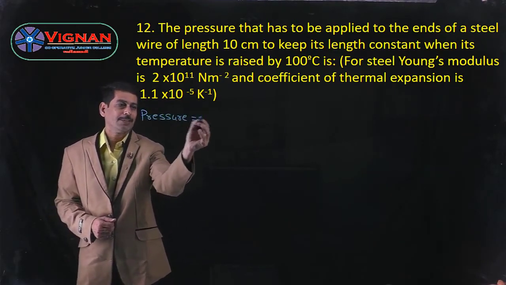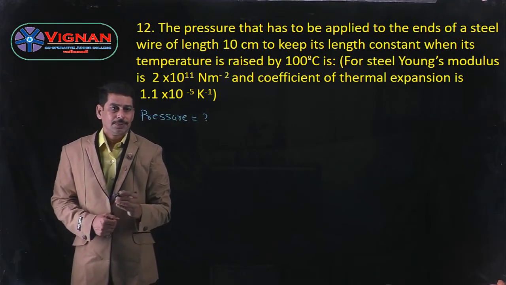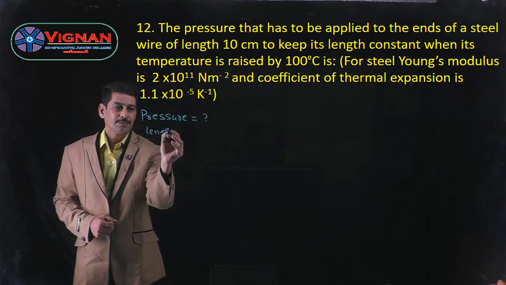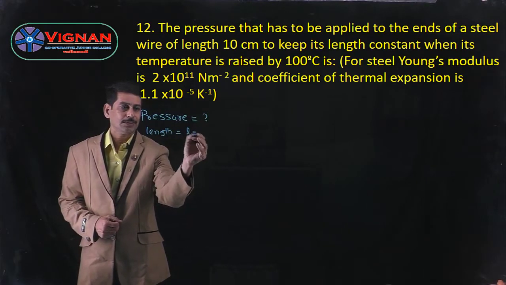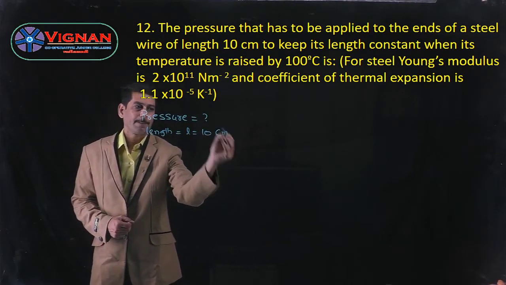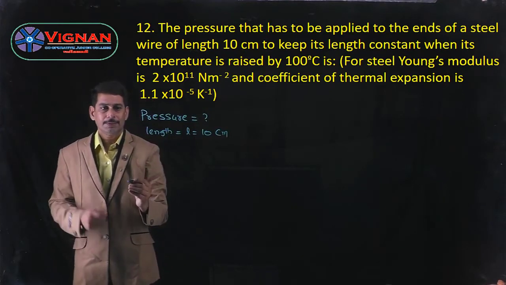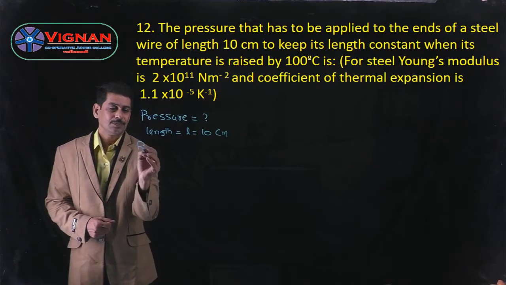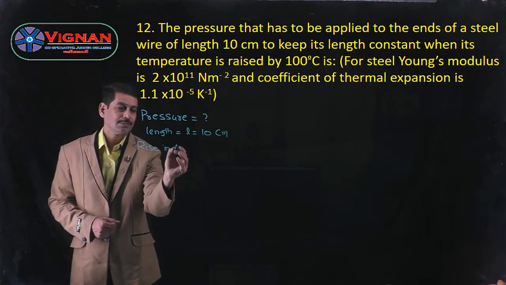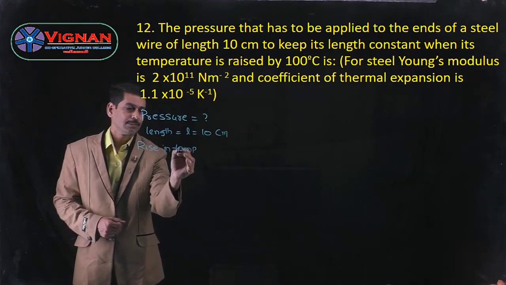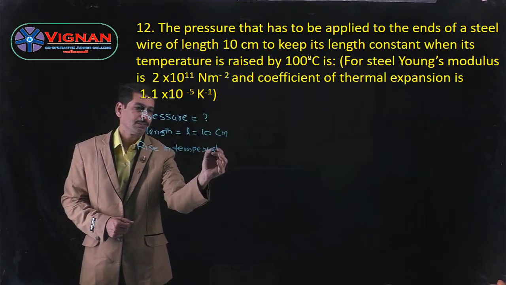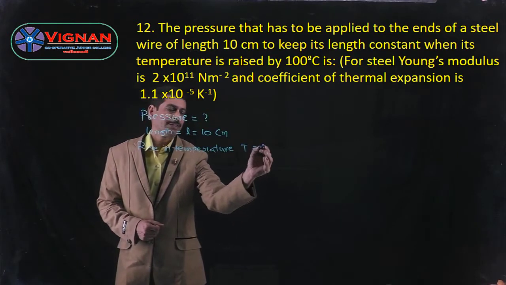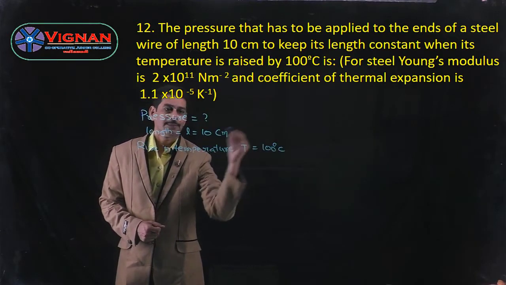We have to find the pressure here, and the length of the wire is given as L, which is 10 centimeter. Here the length remains constant, while the temperature rises by delta T. So the rise in temperature, let us consider it as T, is given as 100 degrees centigrade.